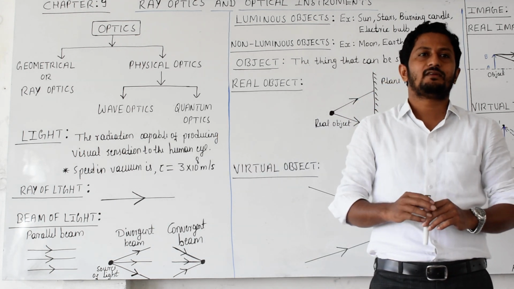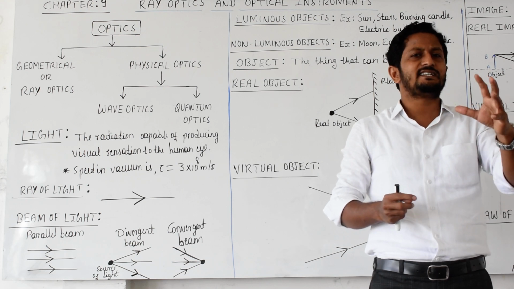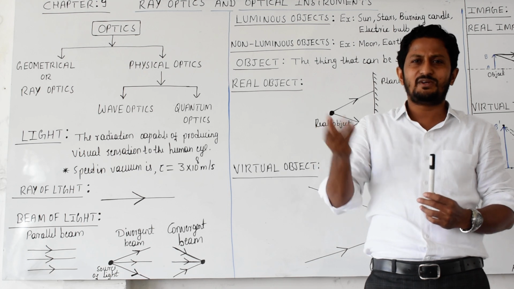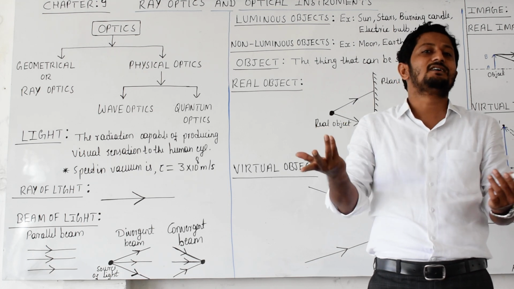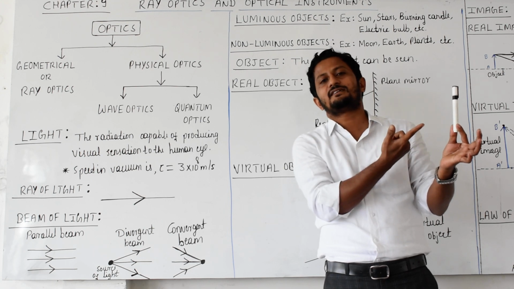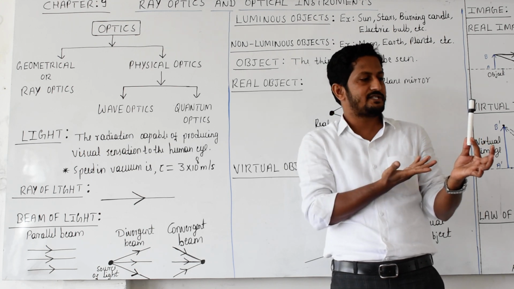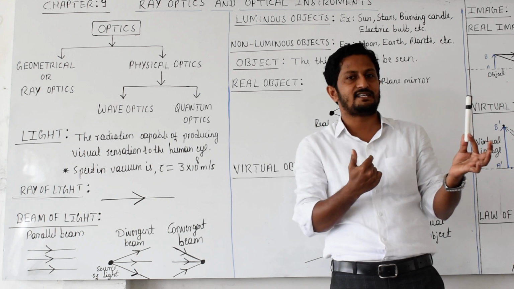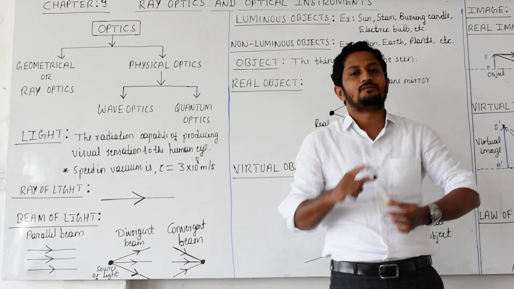We know that object means the thing which we can see. The thing which we can see is called an object. Here this is a thing I can see, I call it an object.